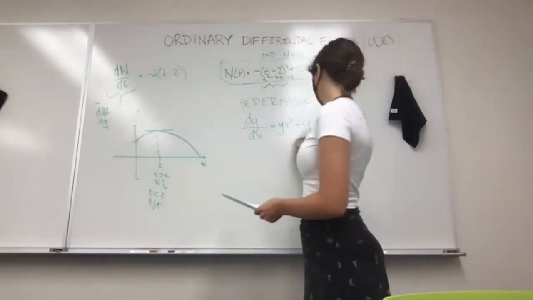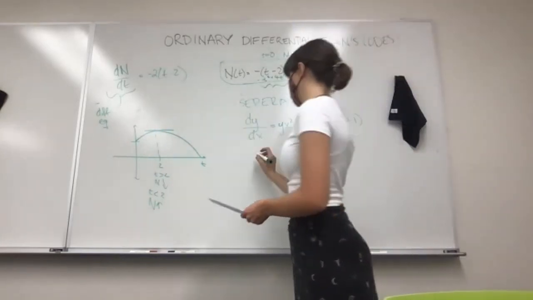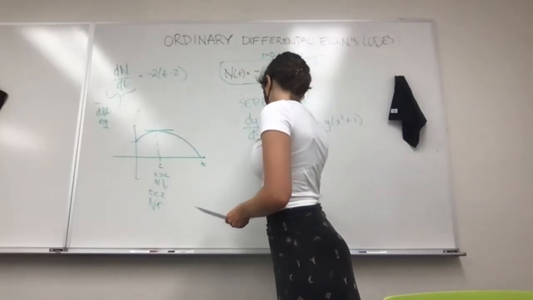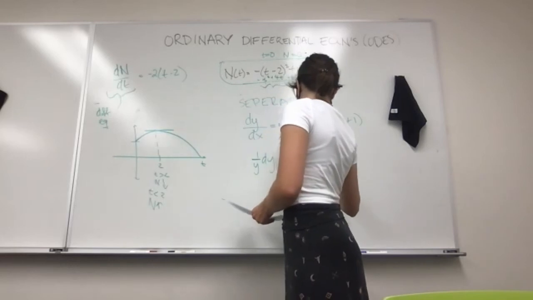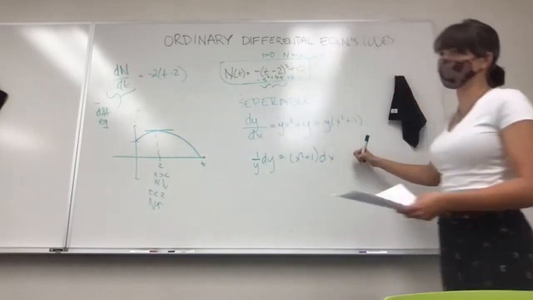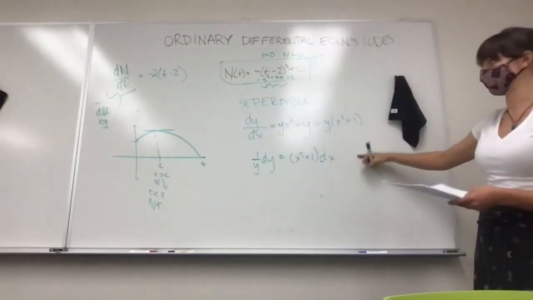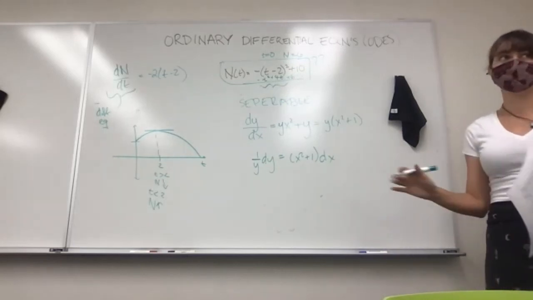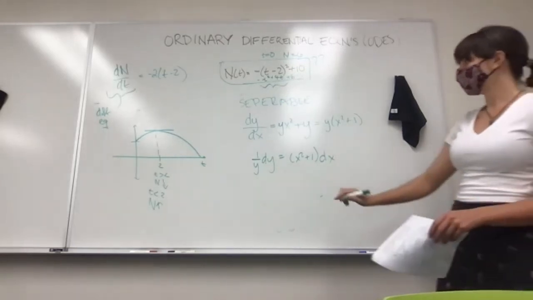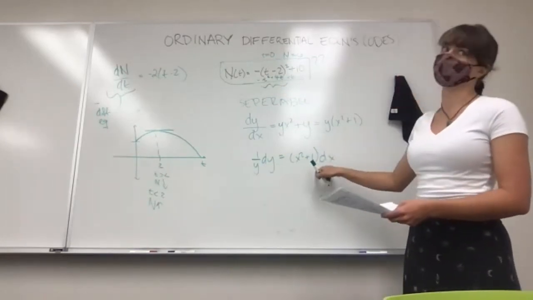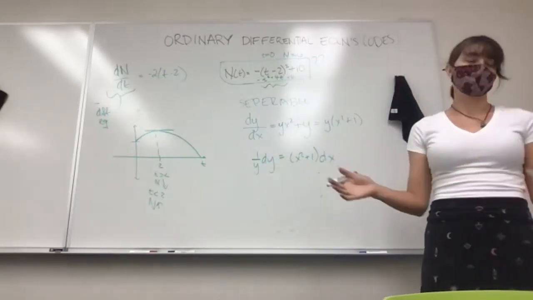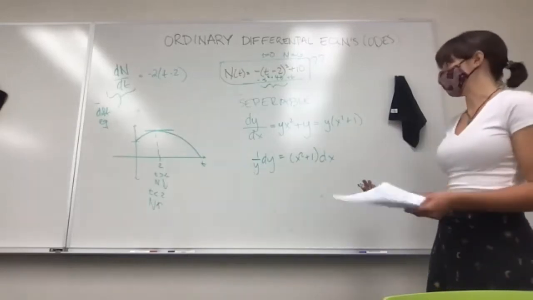And now we can bring this guy over to the other side. So we've just rearranged things algebraically from here to here. We haven't done any calculus, just moved things around. And now you can see again, all the y's are on the same side, all of the x's are on the same side, which is great because we can integrate both sides.